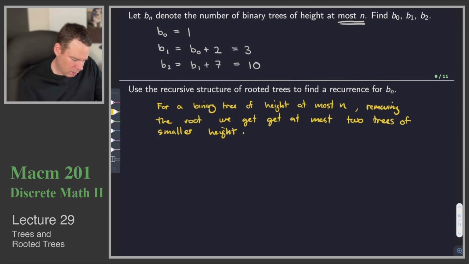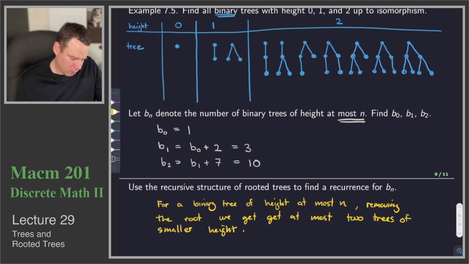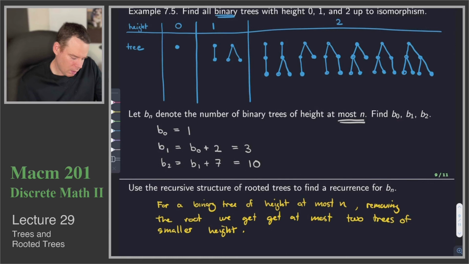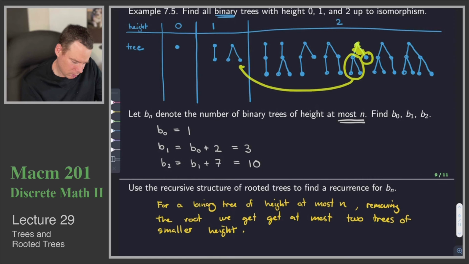So just to indicate what we mean by this, if we go back to our diagrams above and look at my trees of height at most 2, if I remove the root, then what I get is one of my earlier trees. Or if I remove the root here, I get a couple of my earlier trees.